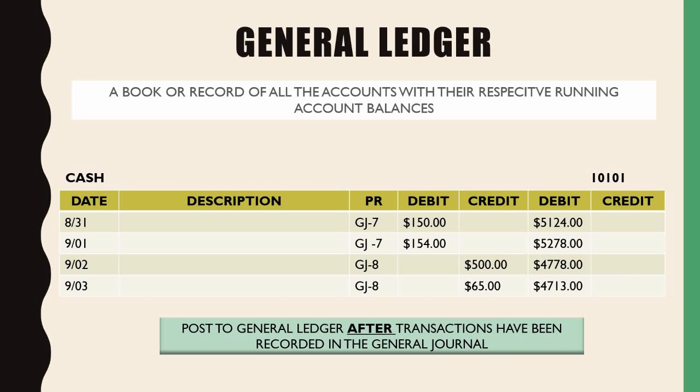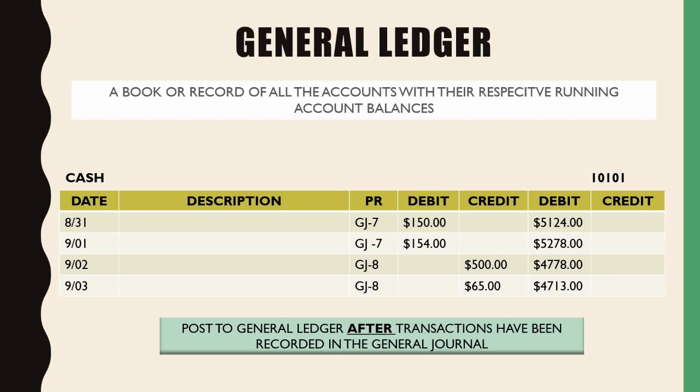No, that's not the best way to do accounting, especially if you're working for a company. You need to know how much money you have in the bank at all times, so then you're able to process your checks, right? Pay for this expense, pay for that expense, pay for your employees, pay for the water bill, pay for the rent, pay for this. You need to make sure you have enough money to be able to make all those payments for all those expenses. All right, and the best way to do that is by going into your general ledger account.